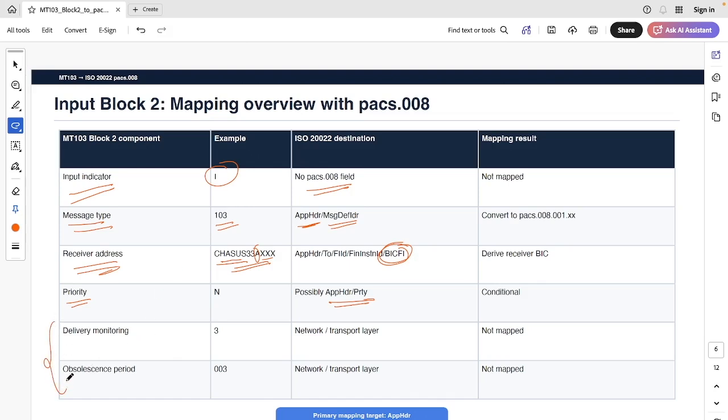And the final two components, delivery monitoring and obsolescence period, are not mapped into pacs.008.